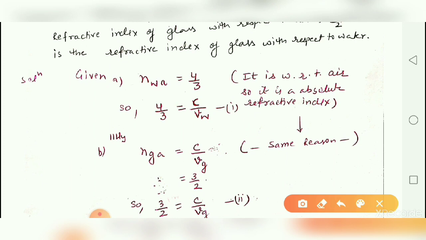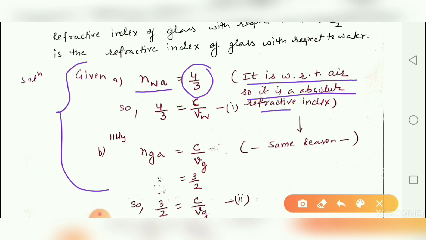Now first we will write down what is given. The refractive index of water with respect to air is 4 upon 3. It is with respect to air, so it is an absolute refractive index. So its value is 4 upon 3. It is given by C upon VW, that is the speed of light in water.